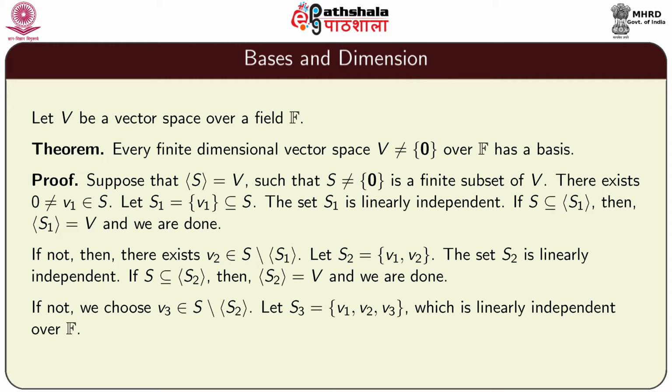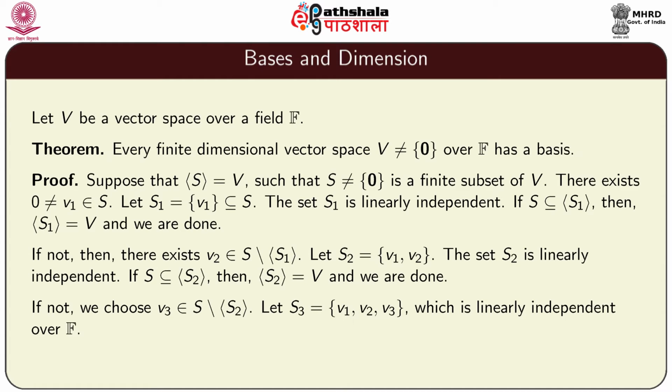So, if that is not the case, that means if S is not contained in the span of S1, then what happens? That means we have a vector, call it V2, which is in S, but which is not in the span of S1. Let us form the set S2 consisting of the vectors V1 and V2. Once again we have the set S2 is linearly independent.